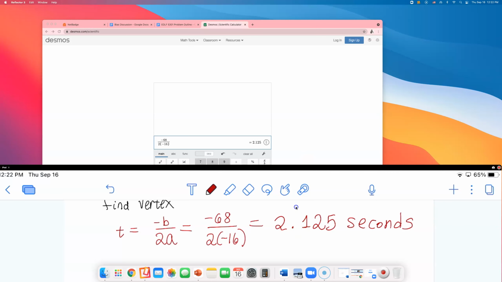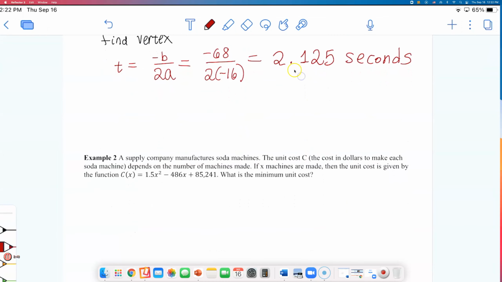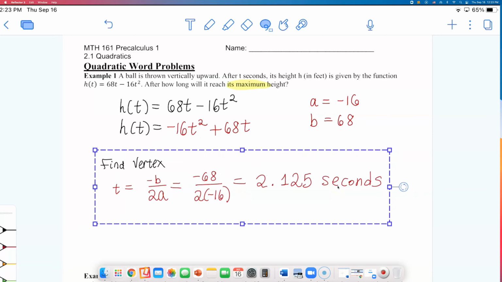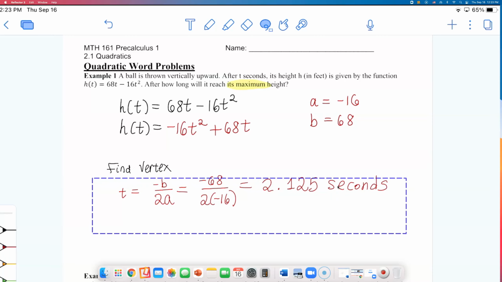So you throw a ball, it's going to go up for 2.125 seconds, and it's going to reach the highest point, and after that, it's going to come back down. So when they ask you that question, after how long will it reach its maximum height? Our answer is 2.125 seconds. So just like that, we solved our very first word problem, right?